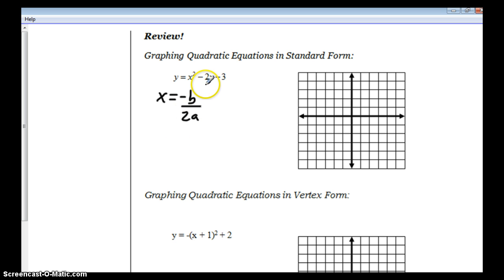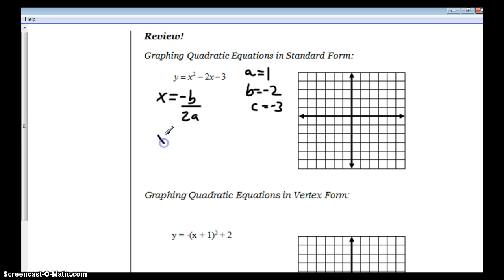Let's first solve for the axis of symmetry. Our equation is y = x² - 2x - 3. A is 1, b is -2, and c is -3.